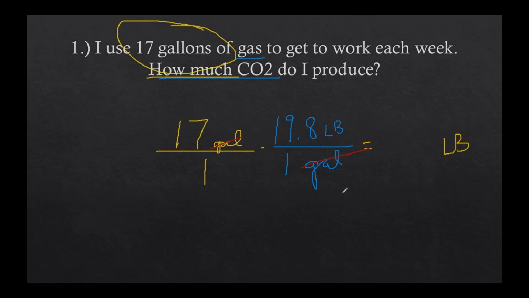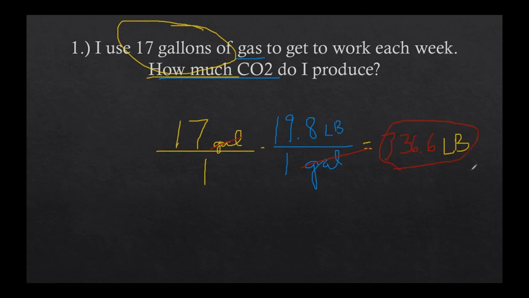I simply multiply straight across. And how many pounds of CO2 do I produce if I use 17 gallons of gas a week? Here we go, 336.6 pounds. Very good.